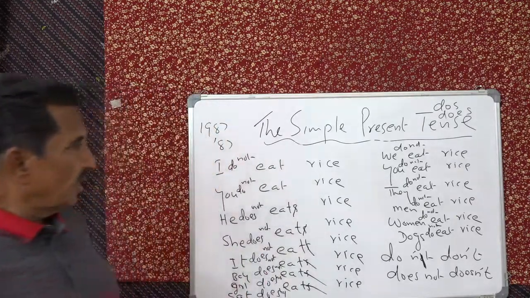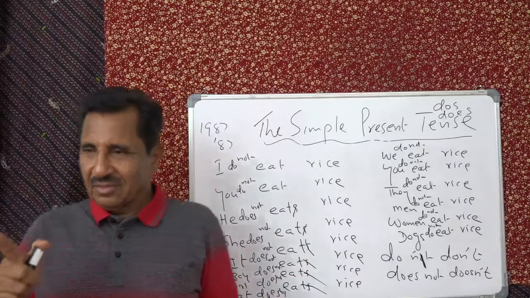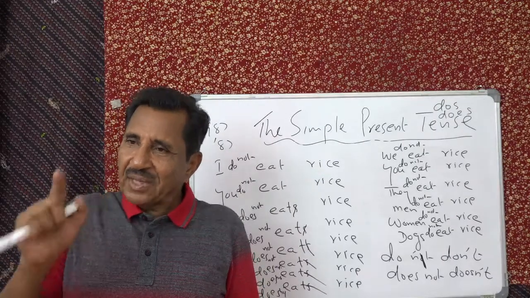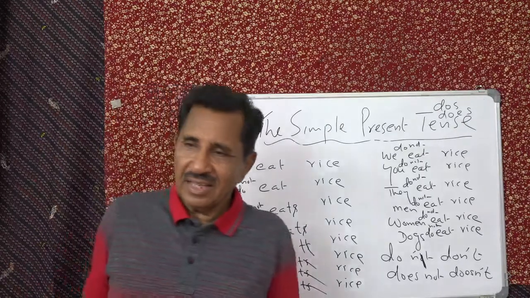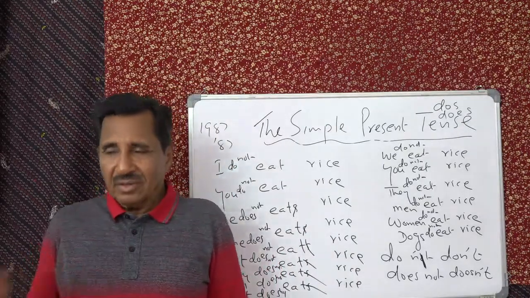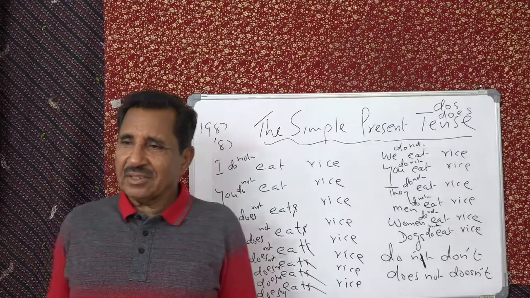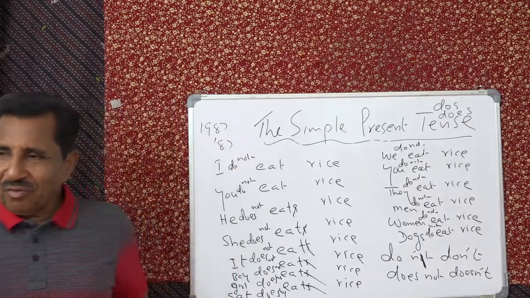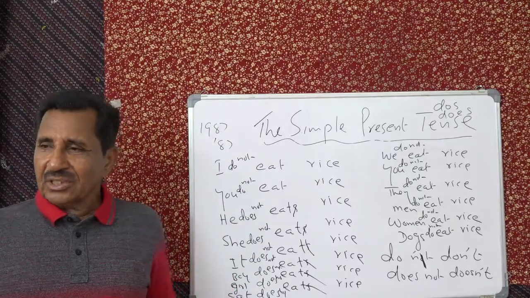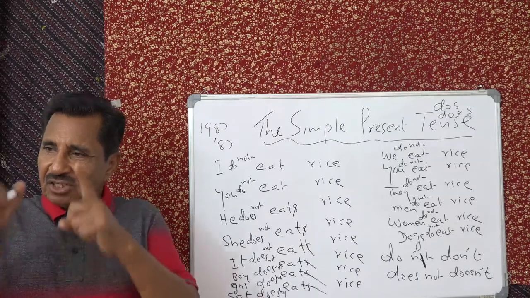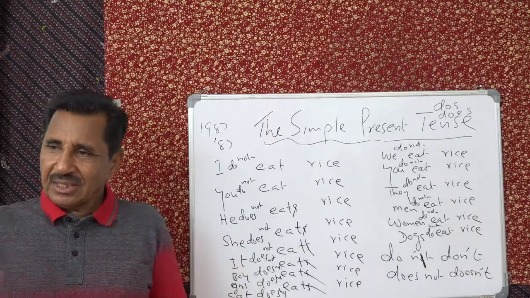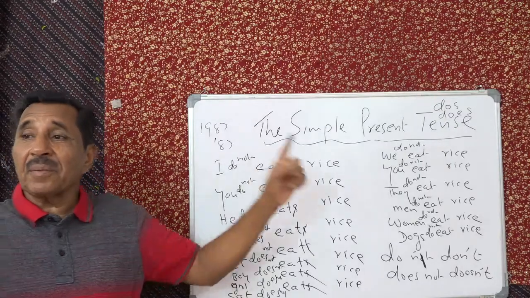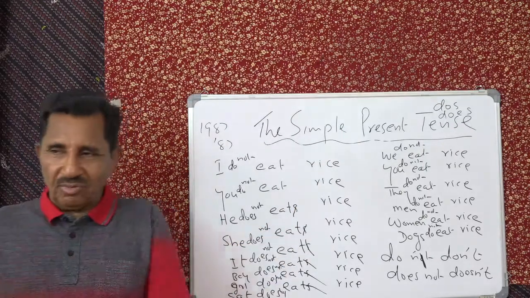And there are two forms: one is the form with S, the other without S. In 5 places you use the form without S. In 3 places you use the form with S. And those 3 places you call third person singular. So when the subject is third person singular, you add S at the end of the verb in the simple present tense. This is called the S rule.